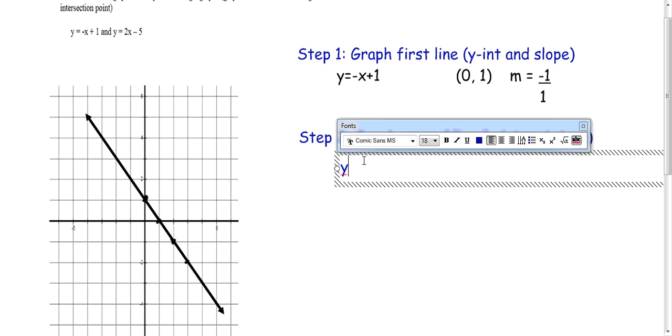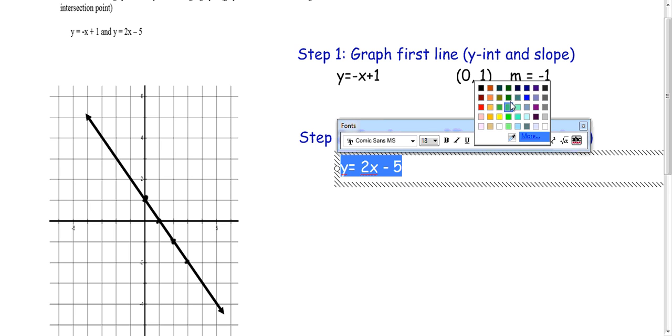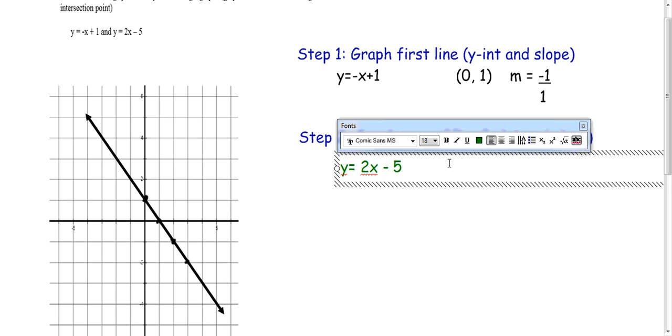So this line is going to be y equals 2x minus 5. So you're going to have your y-intercept of 0, negative 5, and a slope of 2. And again, 2 over 1.